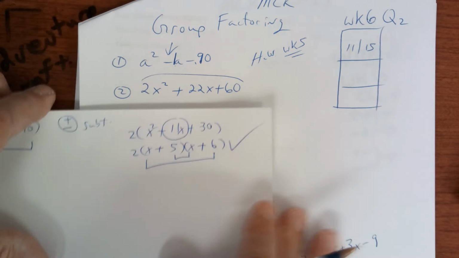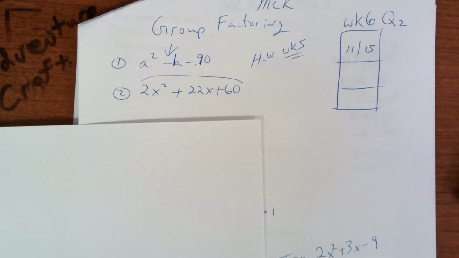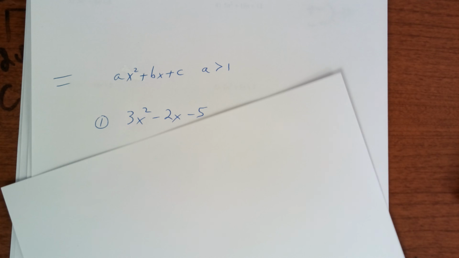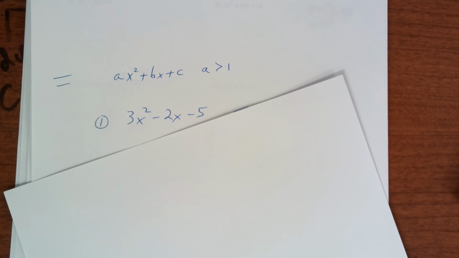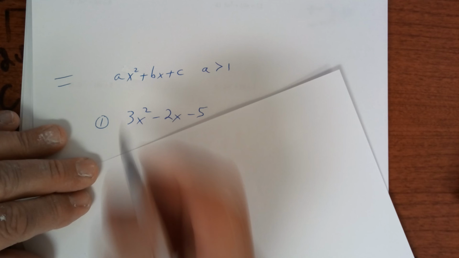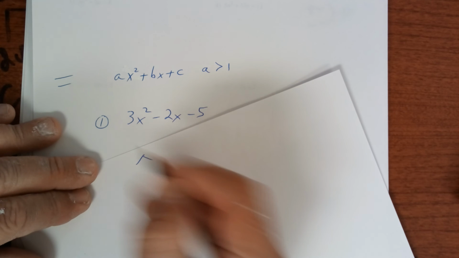Let's talk about today's work now. Look up here and listen carefully, okay? These are harder, and we're going to start off with this one right here. Okay, so copy that down on a new sheet of paper and watch how I do it. Well, what you do is you first break this down, and you're going to do 1 times 3.